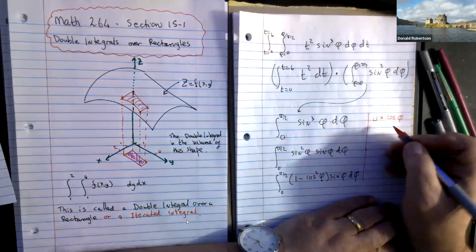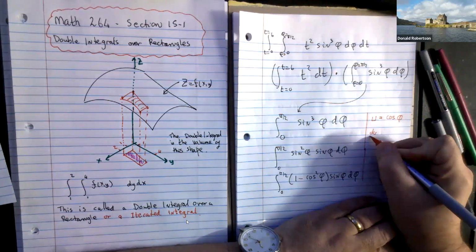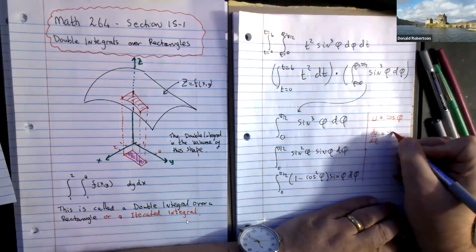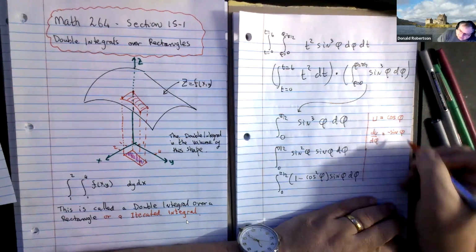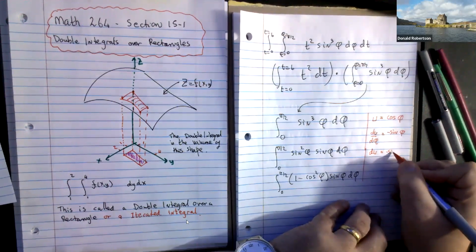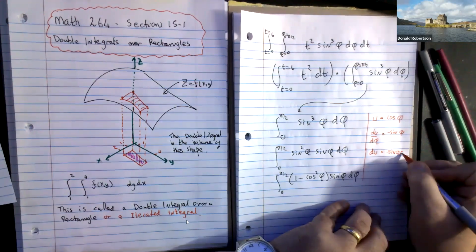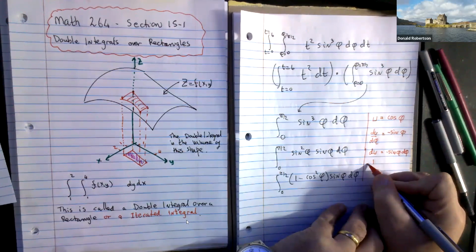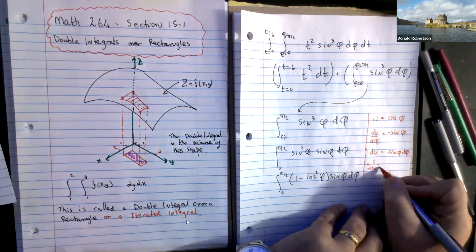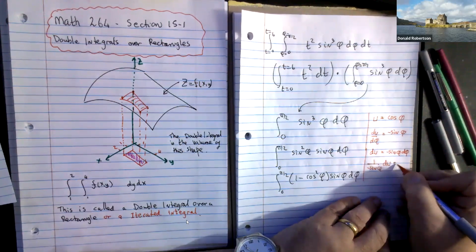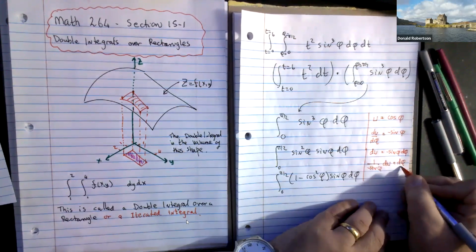Well, now I've got the correct u sub, I'll differentiate. And if you differentiate a cosine, you get a negative sine. And then I'll do the crossover, and then I'll divide both sides by negative sine to isolate du.